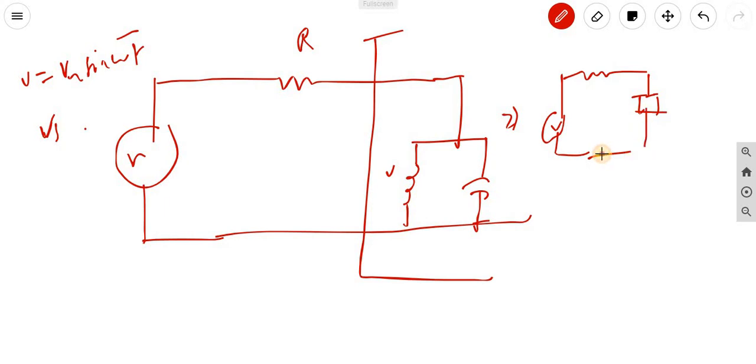Because this network is presenting R, there would be an equivalent current for this component.